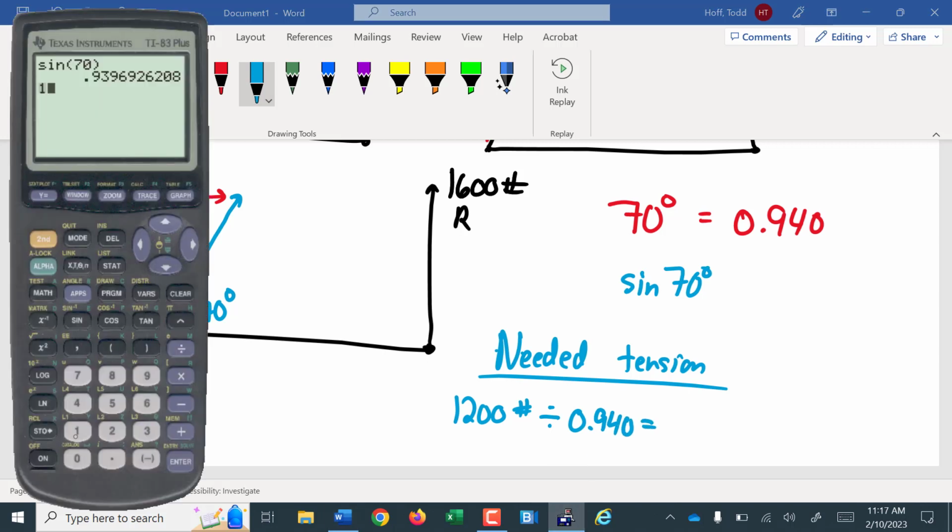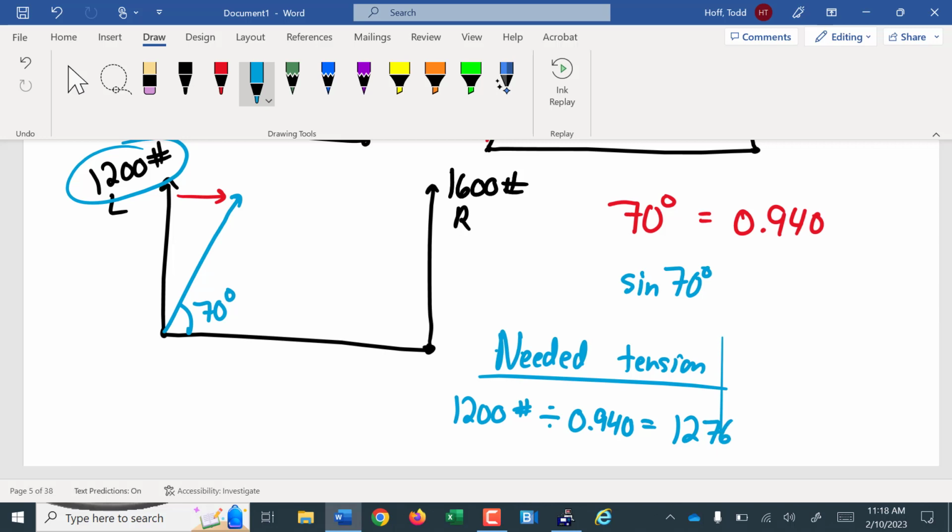So 1,200 pounds divided by 0.940 tells us 1,276.6 pounds. So in order to support the 1,200 pound reaction, the cable is actually going to have a stress of 1,276.6 pounds on it.